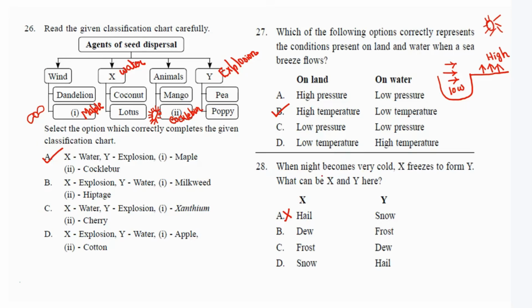Yes, dew is formed at night, and when dew condenses and freezes, it becomes frost. So B can be the correct answer. Frost and dew, no. Snow and hail, no. So B is the correct answer. The dew that is formed on winter nights freezes and becomes frost, right?